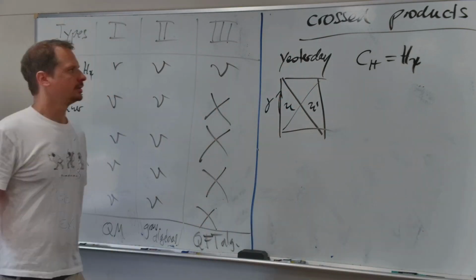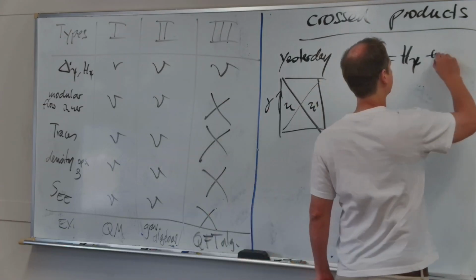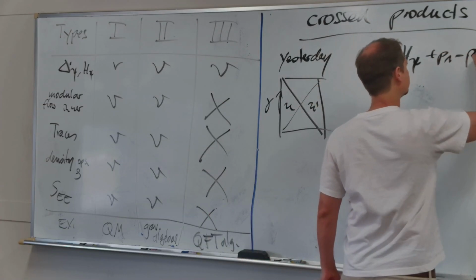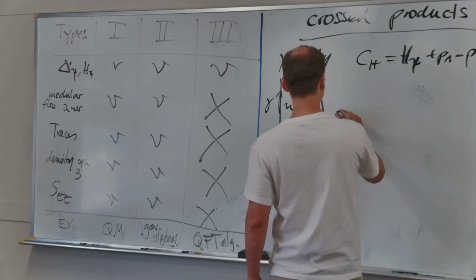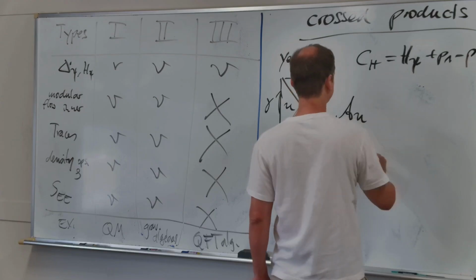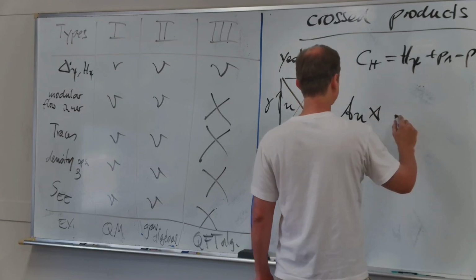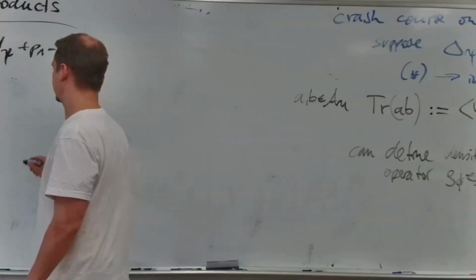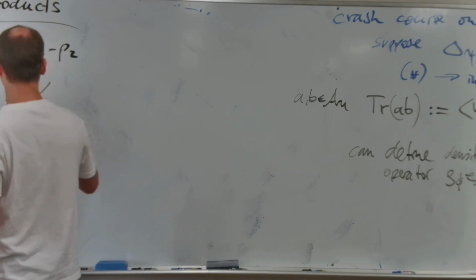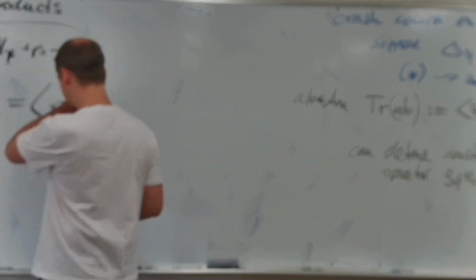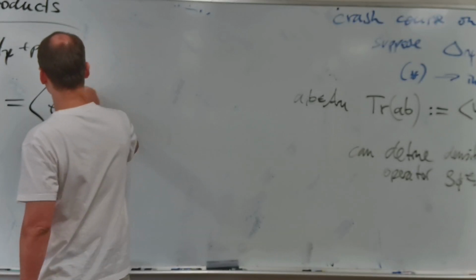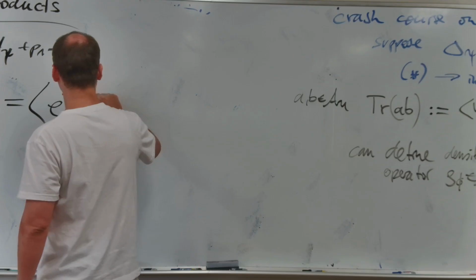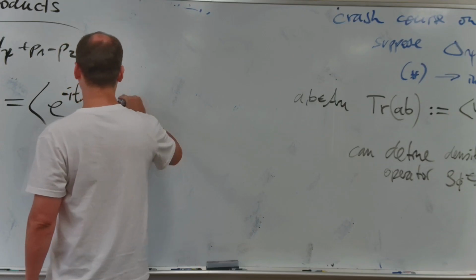Then we had plus P1 minus P2, and then we had AU crossed R. So this cross product, I just told you, is given by the von Neumann algebra P1 H psi A.